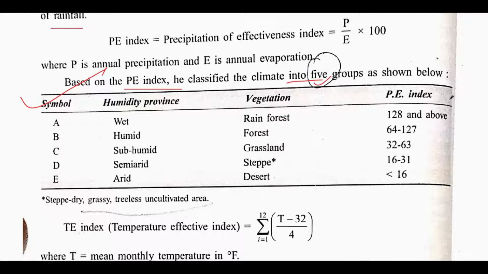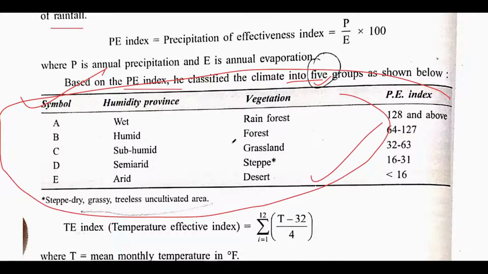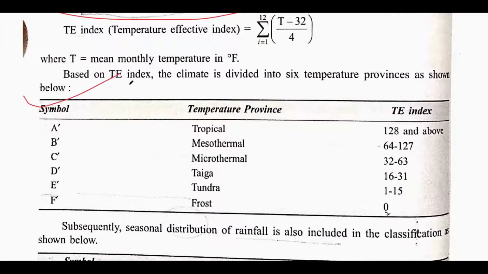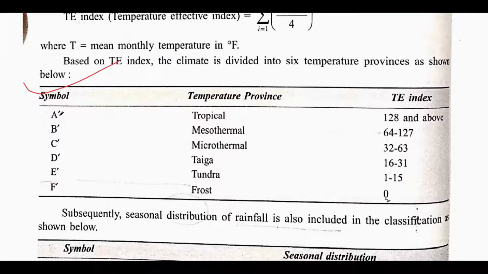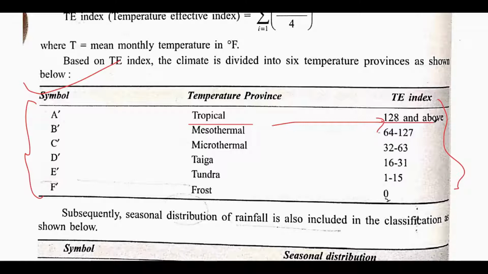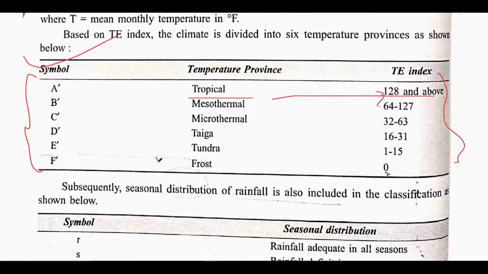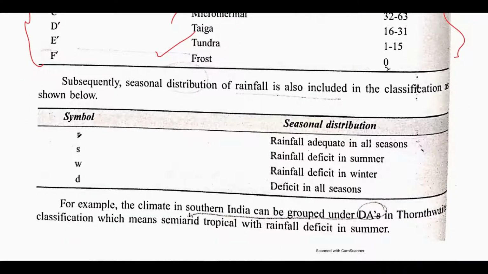So do remember this. After that, in this table, you must remember each and every data of this. Like, a tropical region is when the temperature effective index is 128 and above. Everything is important, and the same is the case with these symbols.